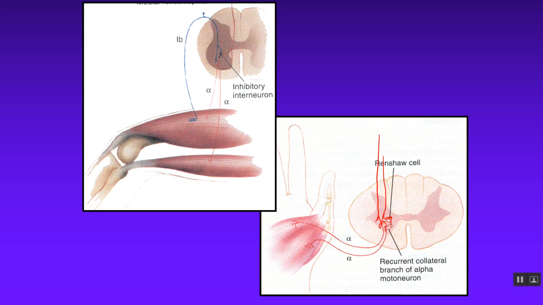So we talked about the Golgi tendon organ, thinking it was a fail-safe kind of mechanism. When your muscle was contracting too strongly, it would inhibit it. The Renshaw cell actually does that better. The Renshaw cell in the spinal cord will shut its own muscle down if it senses there's too much muscle contraction of too many motor units going on. It'll eventually turn the muscle off, so you can't hurt yourself.